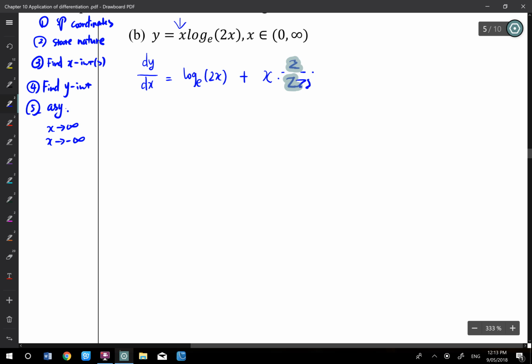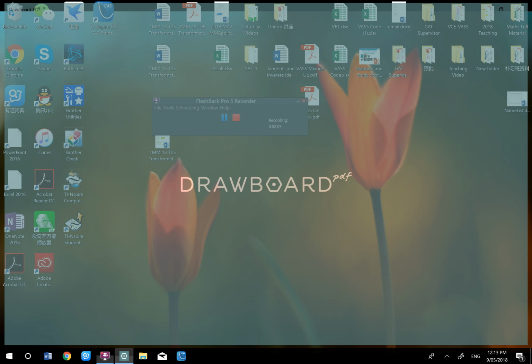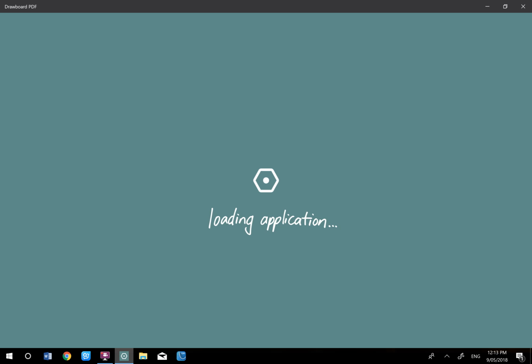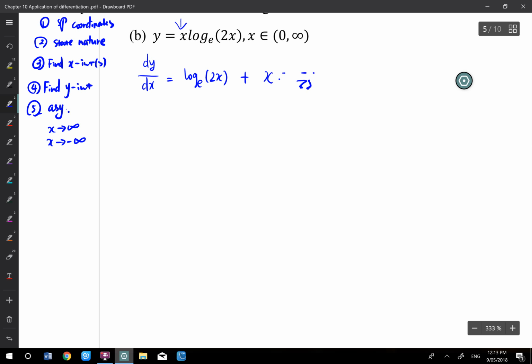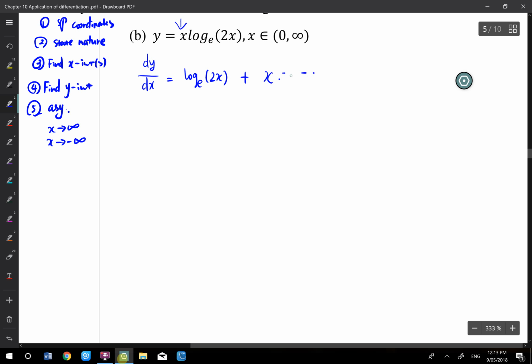Okay, and after that, I will make it equal to 0. So when I solve for x, I should have x times 2 over 2x, and that's log e to x plus 1. So I will make it equal to 0 to solve for the stationary points.